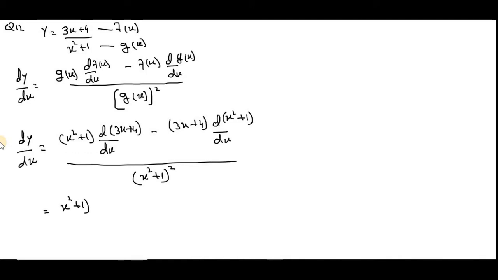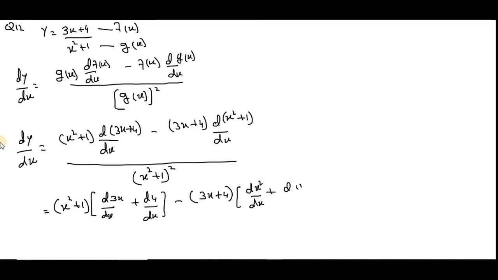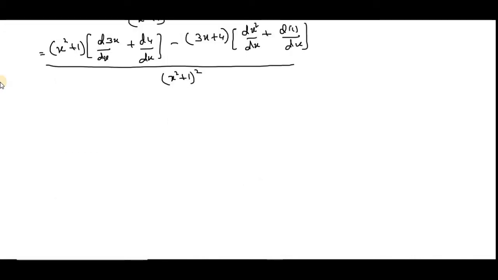Now we will take the derivative of the required functions: x square plus 1 d by dx of 3x plus 4, minus 3x plus 4 and dx square by dx plus d of 1, which is a constant, and the whole divided by x square plus 1 whole square.